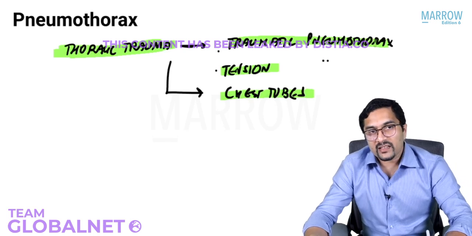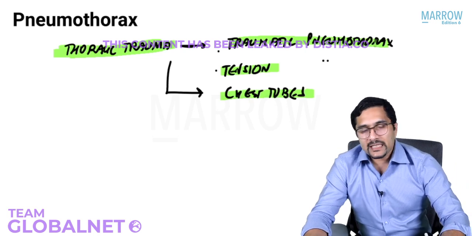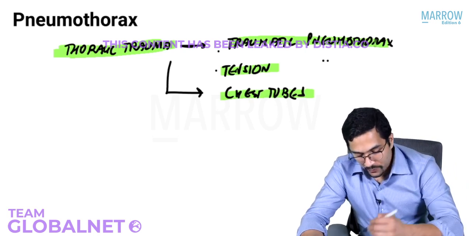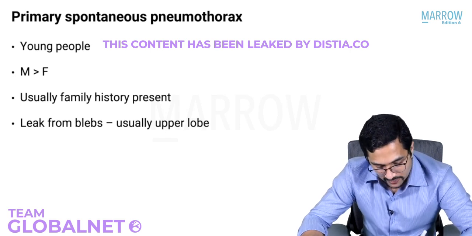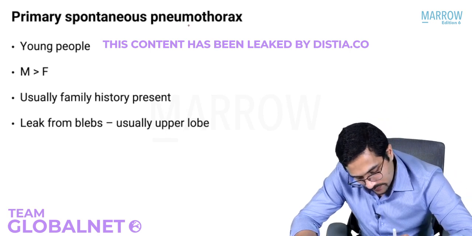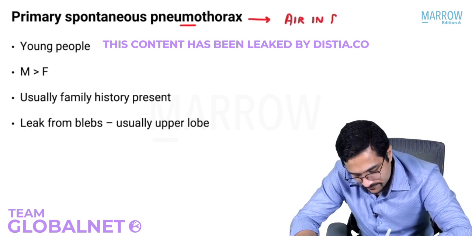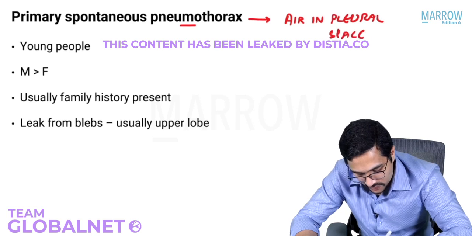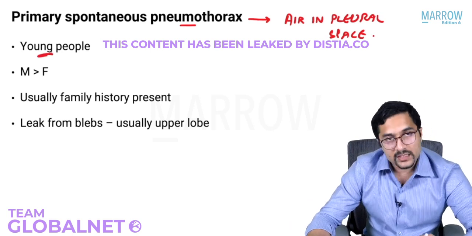What I'll be covering here is spontaneous pneumothorax. Now, spontaneous pneumothorax can be of 2 types. You can have primary spontaneous pneumothorax. Pneumothorax we already know is air in the pleural space, and primary spontaneous pneumothorax is seen in young patients.